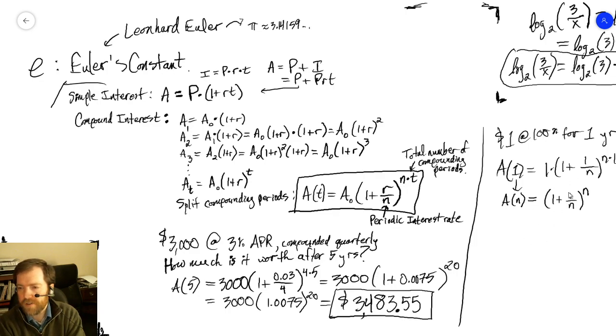So if we look at this, A of 1 is just going to be 1 plus 1 over 1 is 2, raised to the first power, so we just get 2. A of 2 is going to be 1 plus 1 over 2, or 1.5, raised to the second power, which is 2.25.